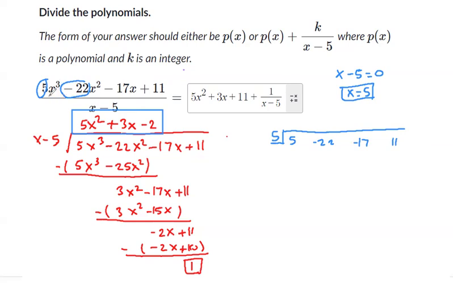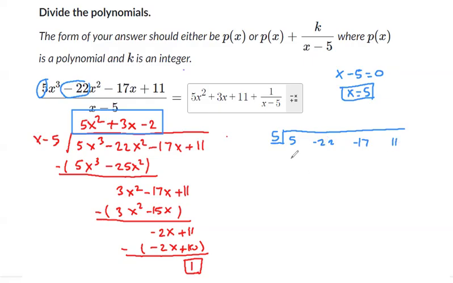Sometimes there will be terms missing. Let's say you have 5x cubed minus 22x squared plus 11. You should still have a coefficient for the x term, which will be 0 in that case.